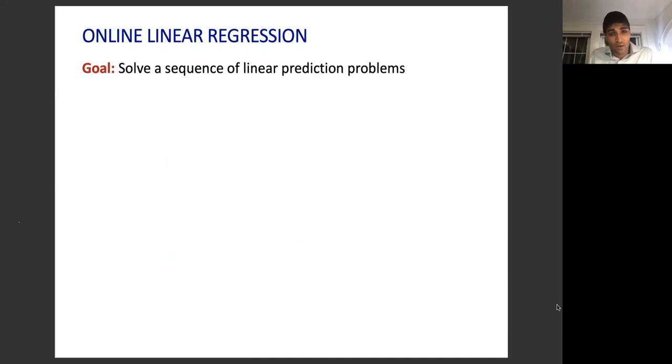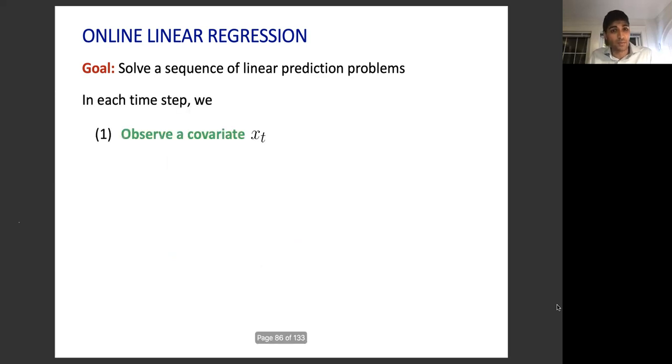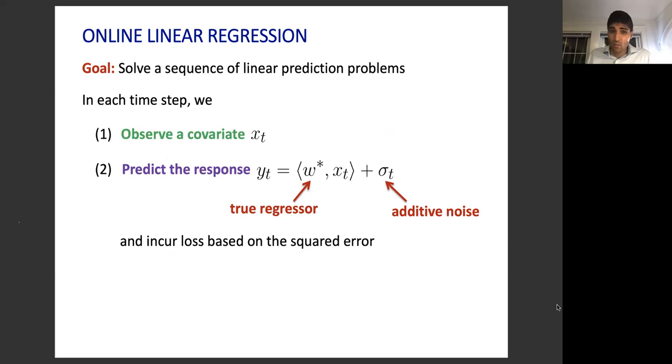So in online learning, we could also take a very basic and fundamental problem, which is online linear regression. There your goal is to solve a sequence of linear prediction problems. In each time step, you observe a covariate xt. Think of it as a high dimensional vector. Then you want to predict the response.